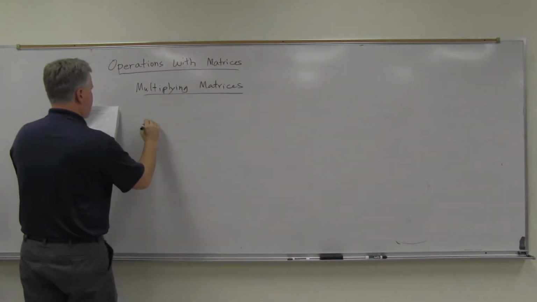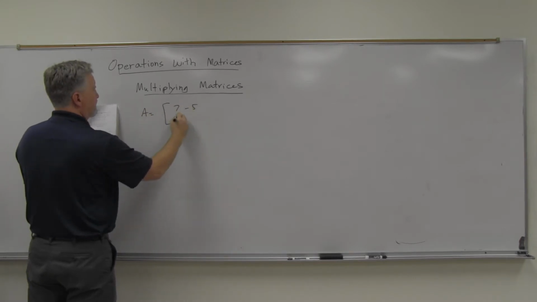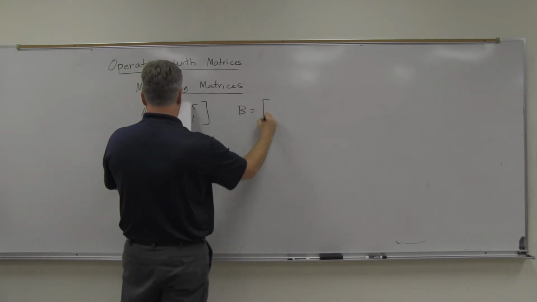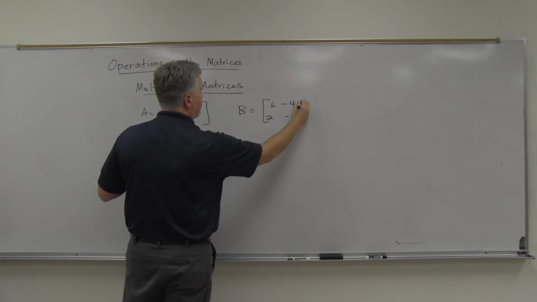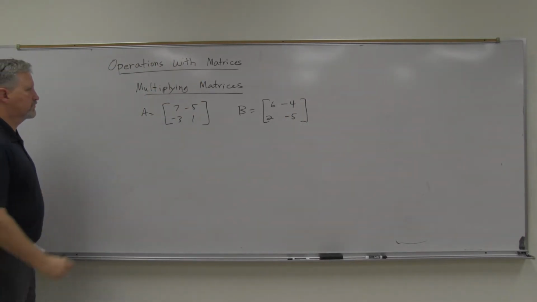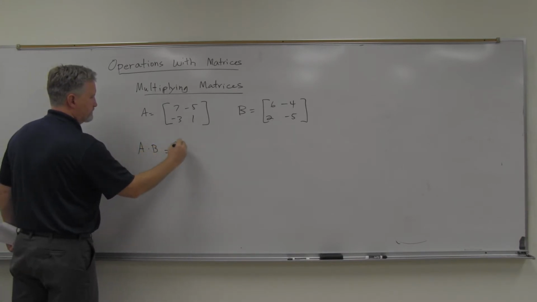If A is 7, negative 5, negative 3, 1, and B is 6, negative 4, 2, negative 5, what's A times B there?